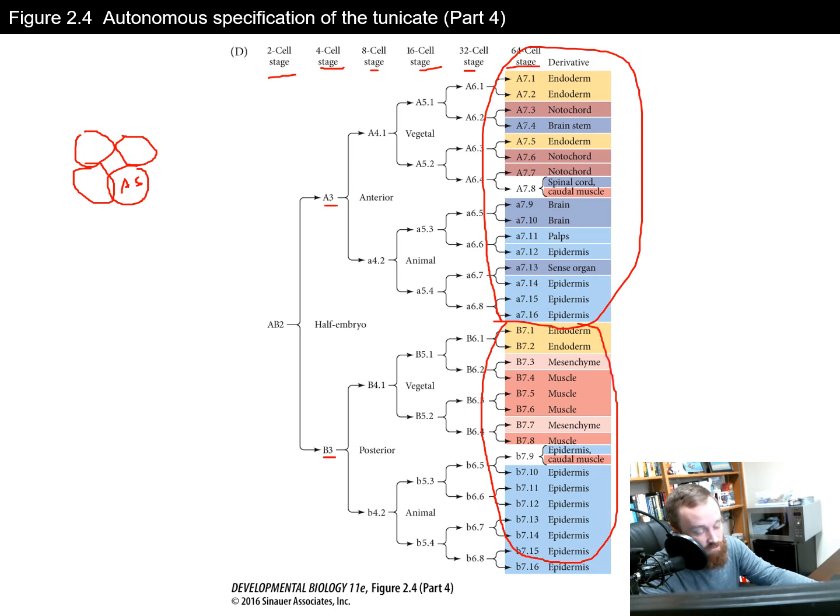If you wait till a later cell stage and only remove, for example, A6.1 here, then all you are losing is the endoderm. So as the cell progresses, it becomes more and more specialized through this differentiation and specification process.